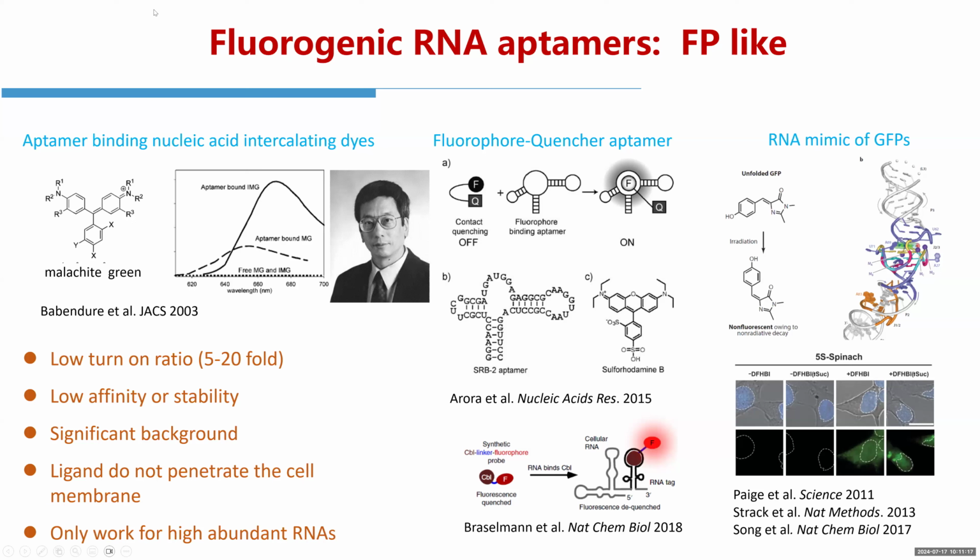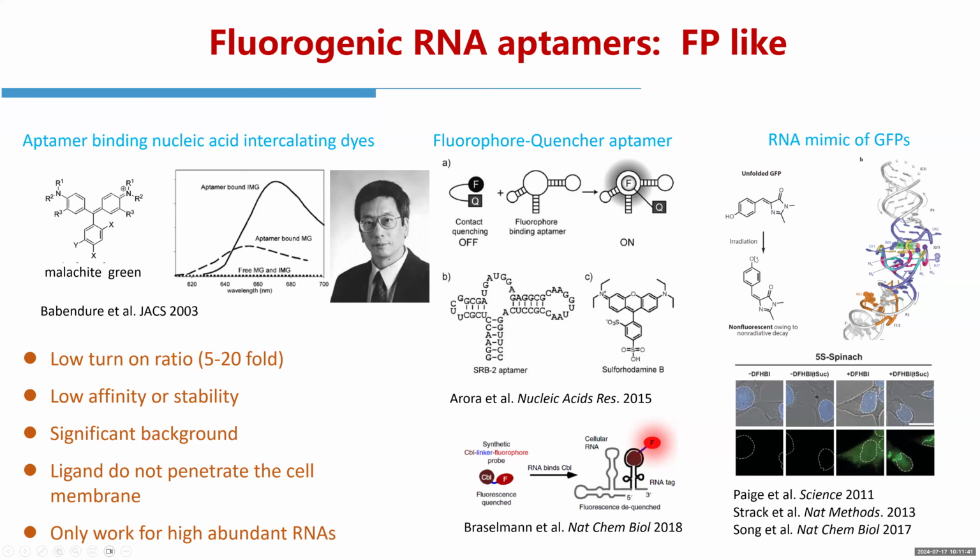While such a concept has been recognized since then, many nucleic acid binding dyes or fluorophore-quencher conjugates have shown low turn-on ratio and significant background fluorescence in cells. And sometimes these dyes can hardly diffuse across the plasma membrane.